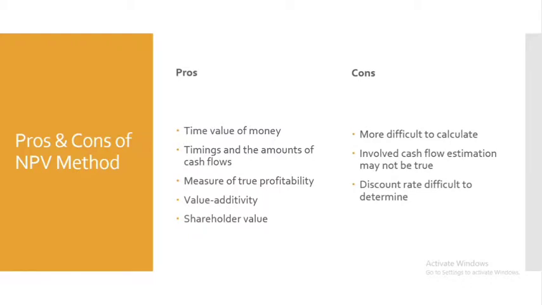And then it adds value and it increases the shareholder value. And in the cons, it is considerably a little difficult in calculation, and sometimes the cash flow estimation may not be that true and it may not be that reliable as well. Then we have the discount rate, which is difficult to determine.